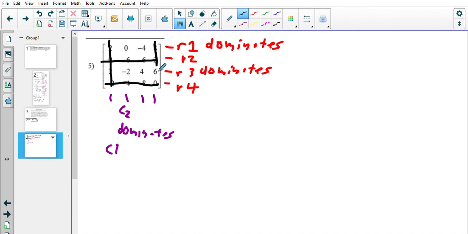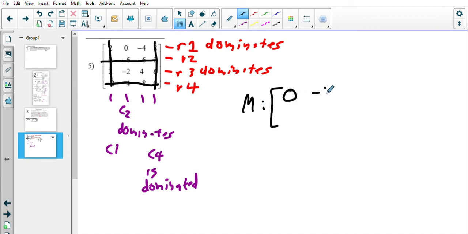So we won't pick column 4 either. We can say column 4 is dominated. So that gives us our reduced matrix. 0, -4, -2, 4.